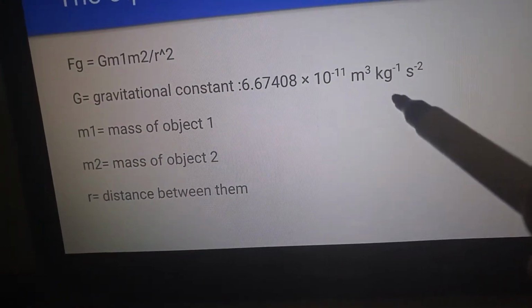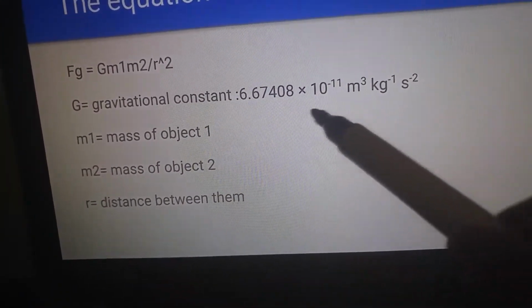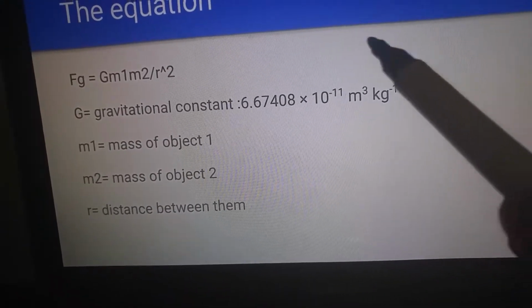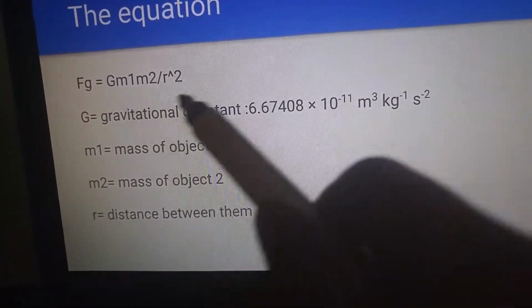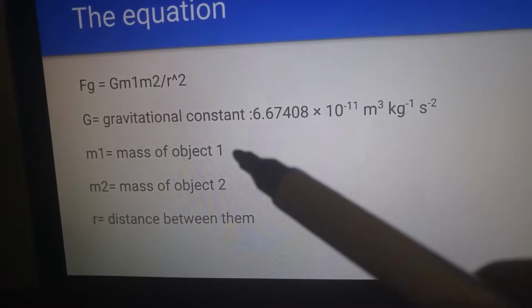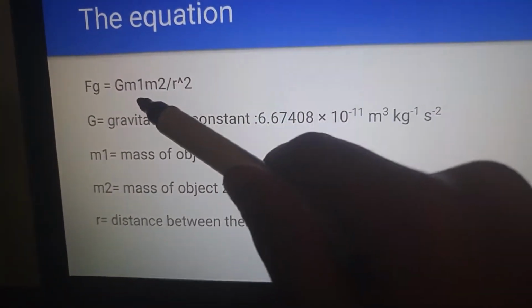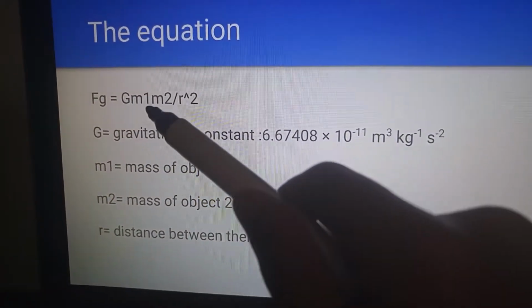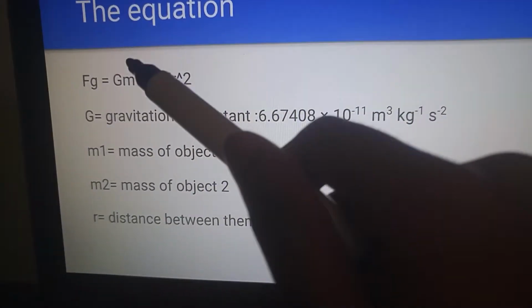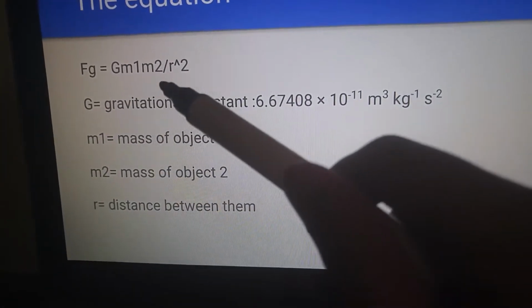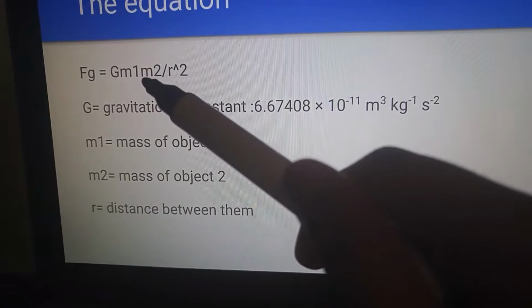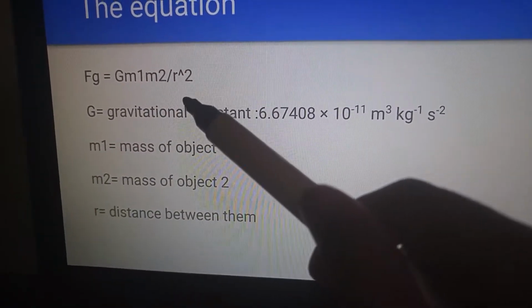This number, you won't have to remember, but this is basically the number that ties the whole equation together. M1 is the mass of object 1, which in most cases would be the mass of Earth. M2 is the mass of the satellite or whatever you want to find. And R is the distance between them.